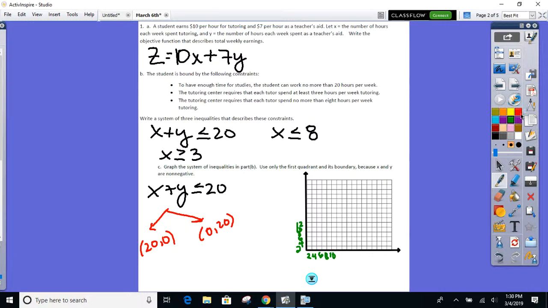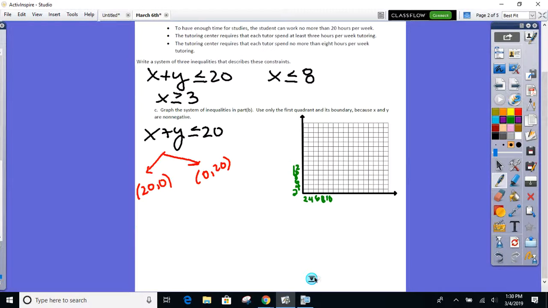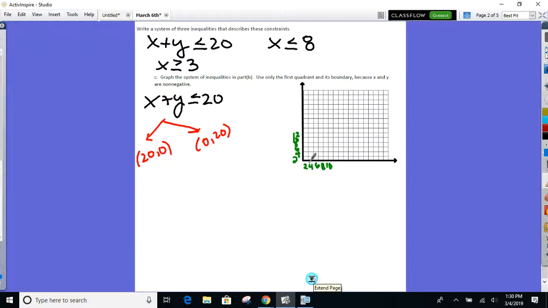All right, let's graph that first one. Let's see, 2, 4, 6, 8, 10, 12. 20 right there.